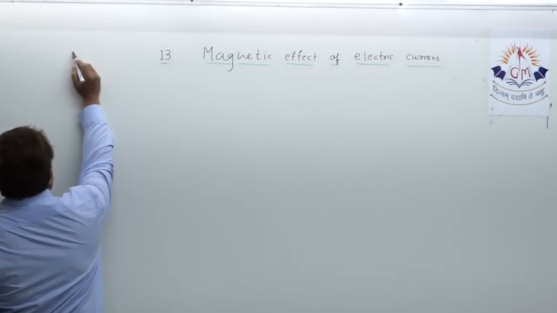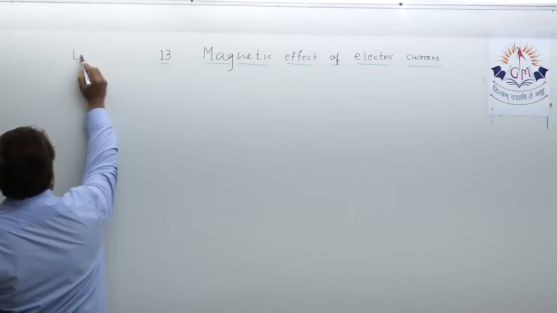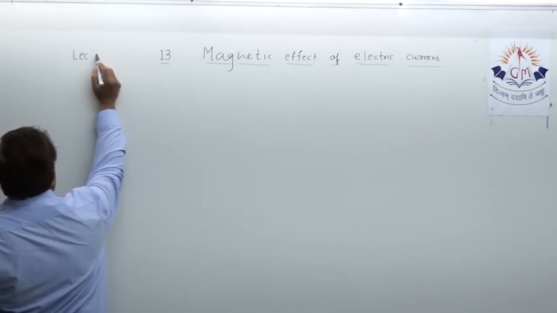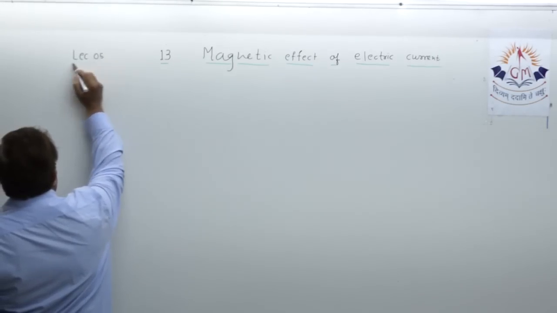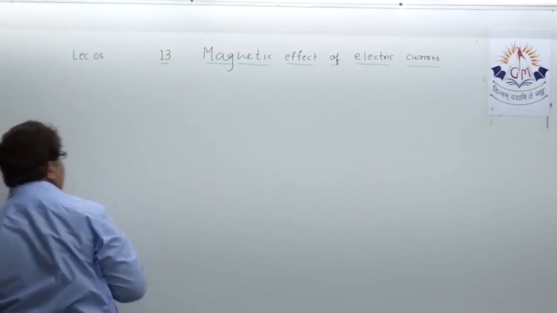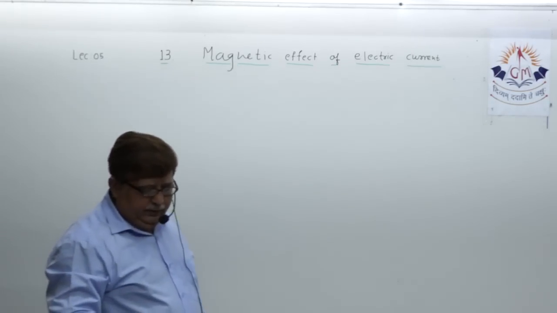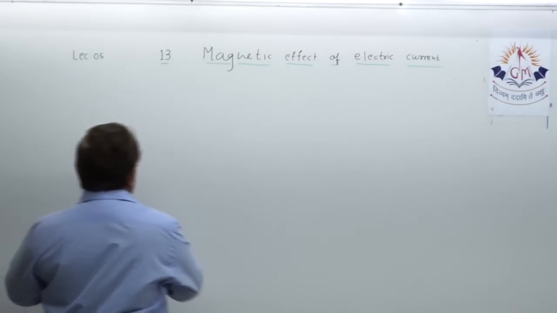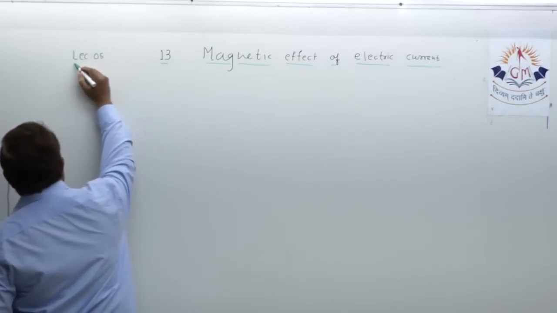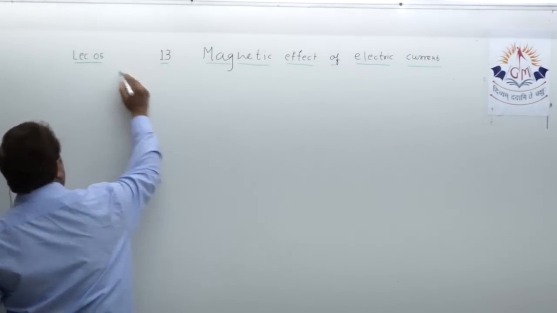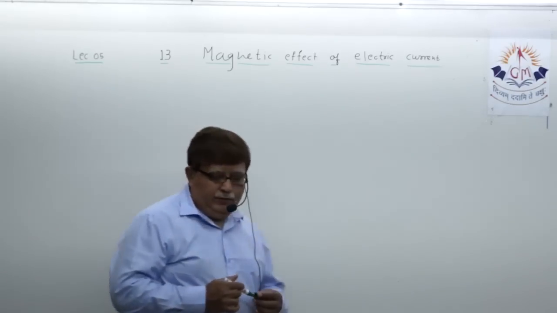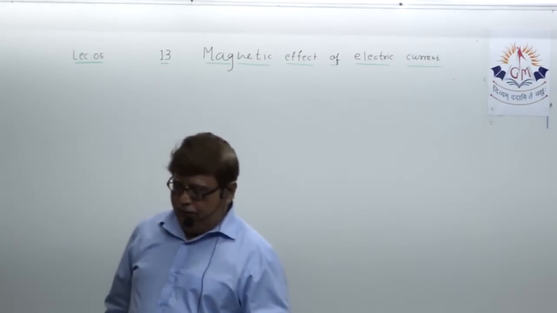Actually, lecture number 5 is generally a link to what you have studied in our lecture number 4, where I already explained to you Fleming's left hand rule that you all know very well.